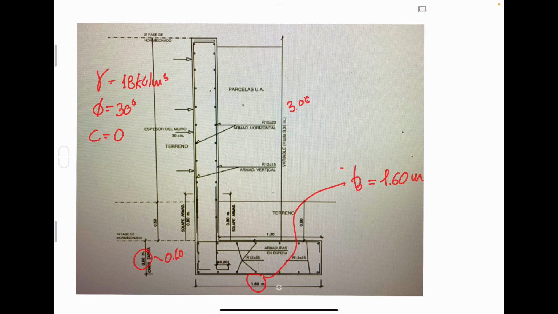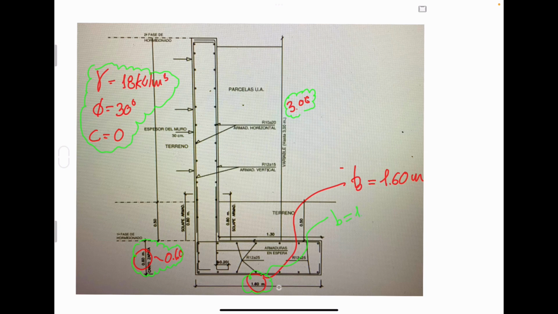For that matter, we have defined these parameters of the soil to define the horizontal lateral pressure. The height of the retaining wall is 3 meters. The depth of the foundation is 0.660 meters. And one of the most important values is the width of the continuous foundation.